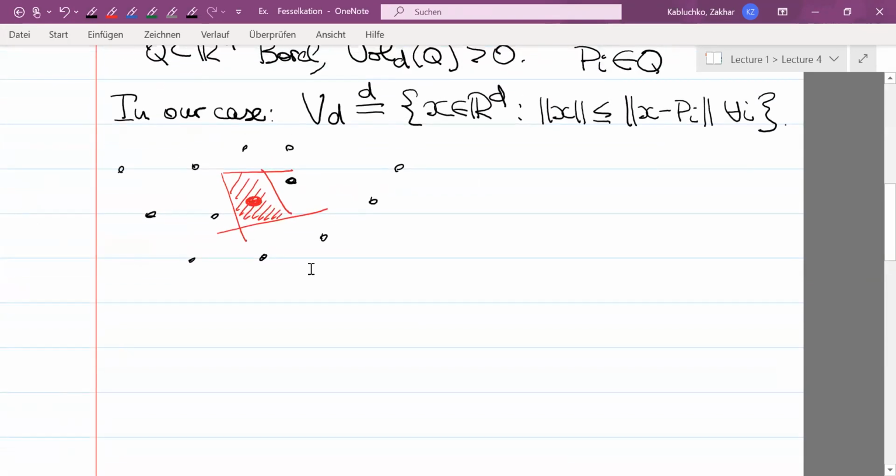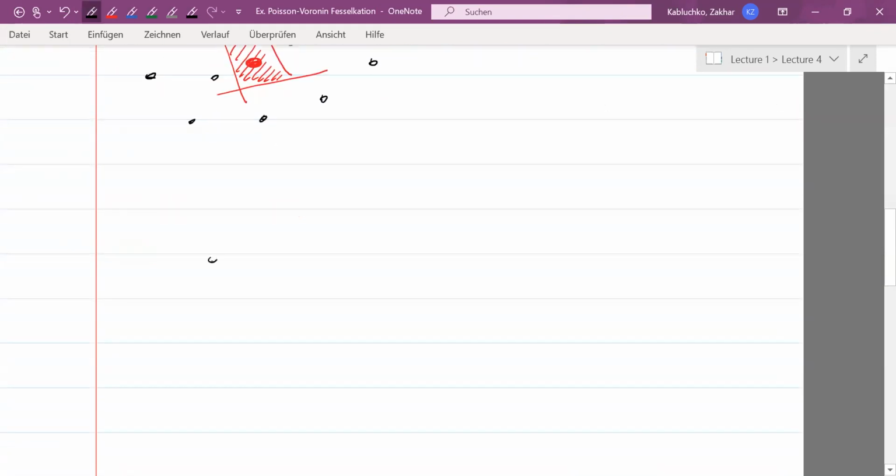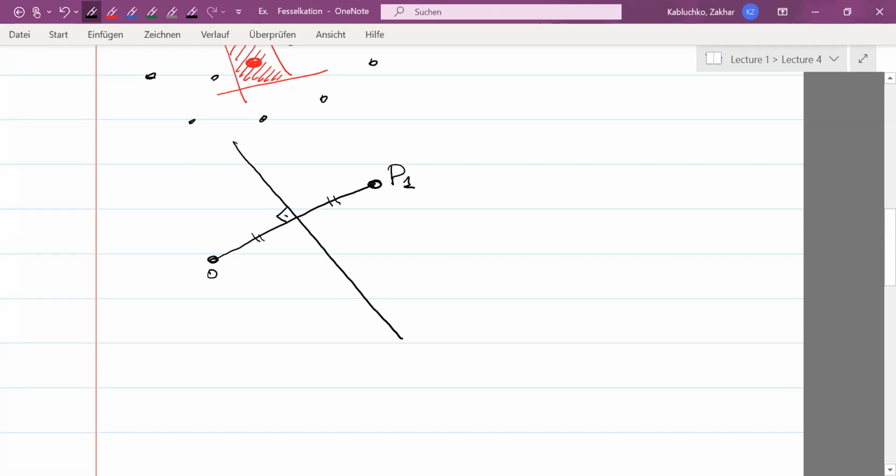So let us look at this picture. We have here again hyperplanes at some distances. If this is the origin, 0, and this is some point of the Poisson point process, then we have a hyperplane here, which is orthogonal, and passes through the middle of this segment. And for each point P1, we have such a hyperplane, right?